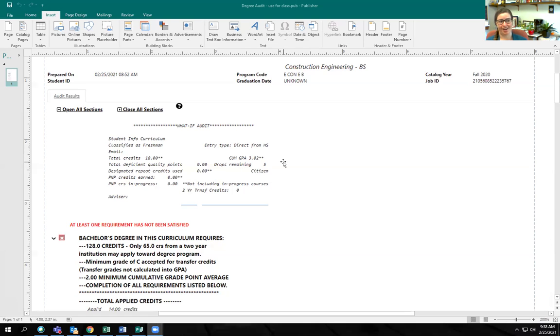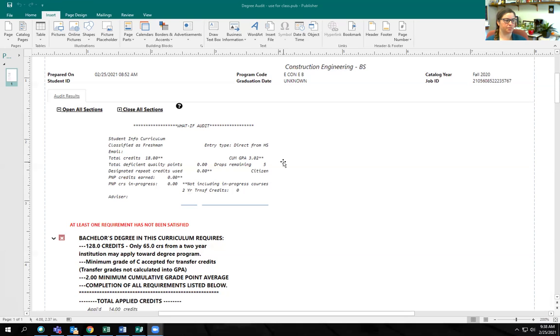Transfer grades do not show up. Even though you have to have a C or higher to transfer a course into Iowa State, they don't actually count towards your Iowa State GPA. That's going to be important as we go farther along down the degree audit.